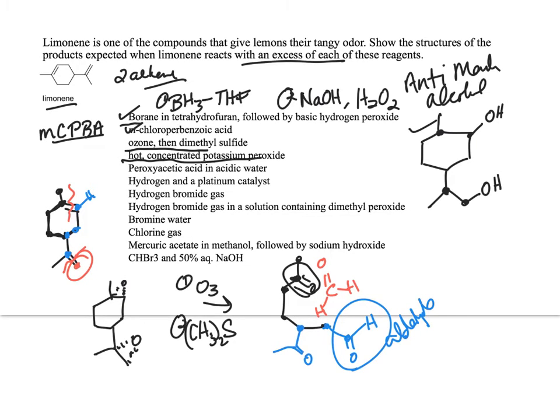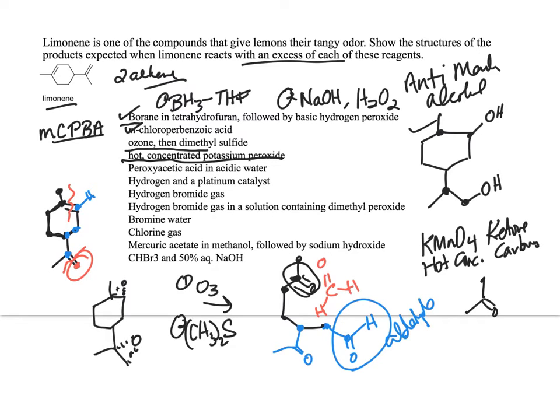Okay, hot concentrated potassium permanganate. So KMnO4, hot concentrated. You're going to cleave again, but this time you're going to get either a ketone or a carboxylic acid. So let's just look at what we generated for the first one.